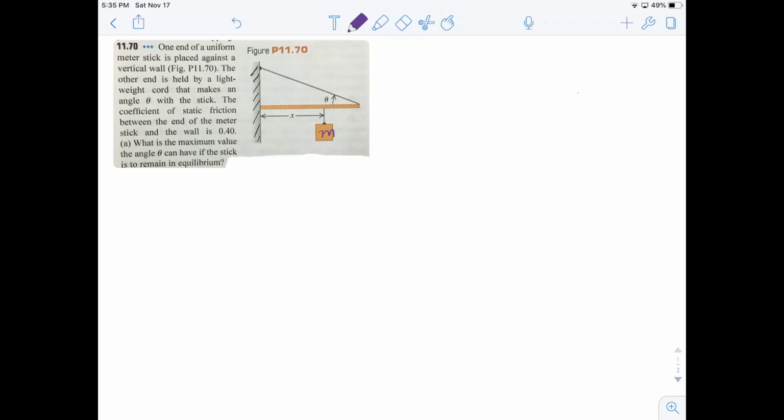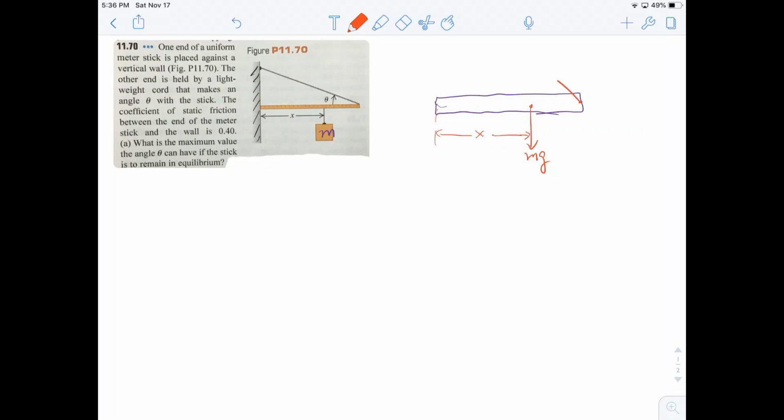In order to do this problem, let's first draw the free body diagram. Here's the meter stick. Let's magnify it so you can see. Then let's draw all the forces exerted on this object. First of all, we have the weight that comes from the hanging mass, which is x meters away from the wall, from the left end.